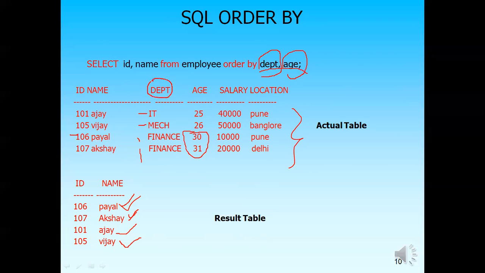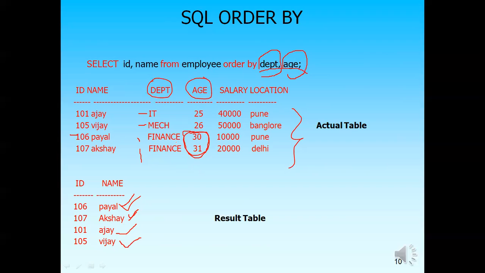After the department column, the nested sorting will be applied on the age column. If you observe here, Payal and Akshay, this data is already sorted, so Payal is coming first and then Akshay is coming after Payal. That's why no sorting is applied in the age field.